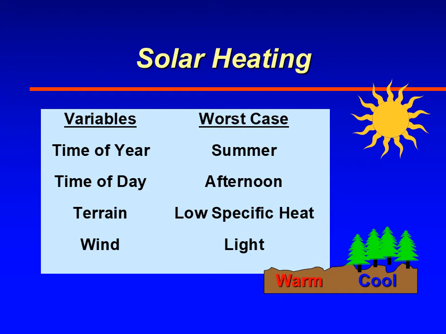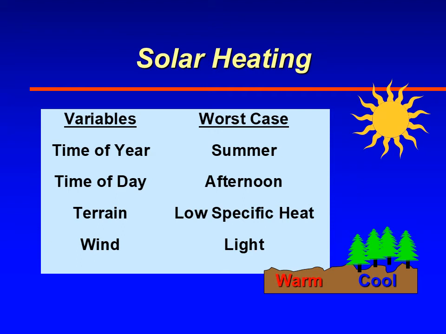Also, the terrain plays a huge factor in determining how much convective turbulence occurs. Think about flying over a body of water. The sun doesn't really heat the water all that much because water has a very high specific heat, meaning that it takes a lot of energy to raise the temperature. Whereas rock probably has a very low specific heat.